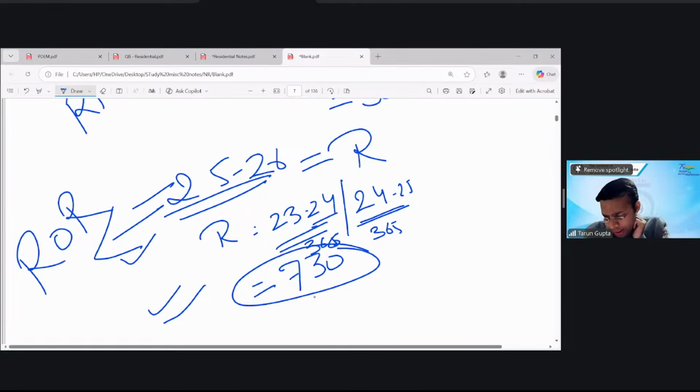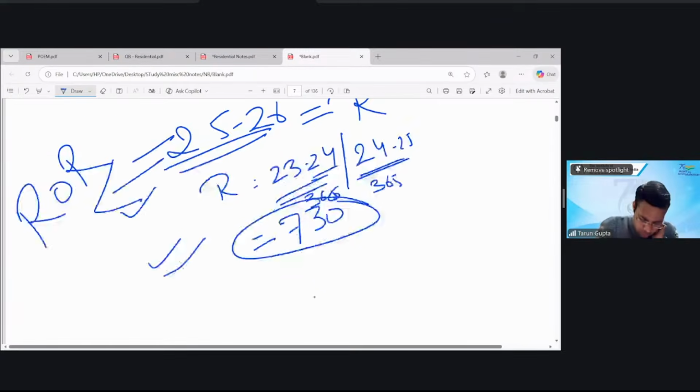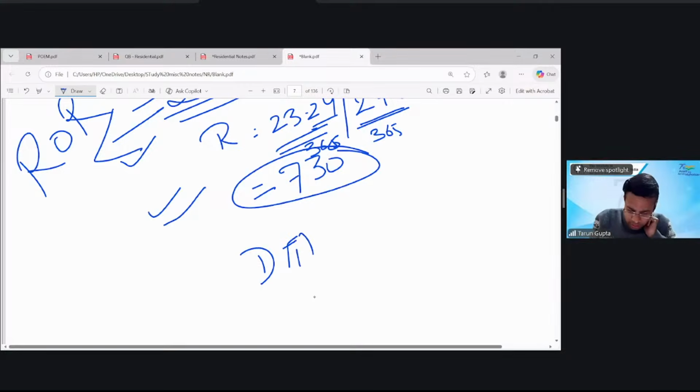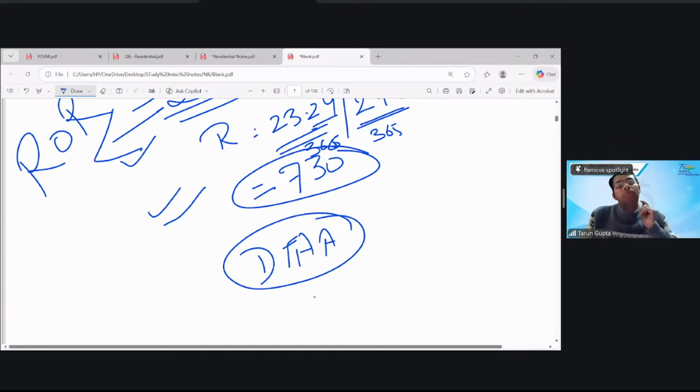But he would also get DTAA. Of course, he will get DTAA. That's Sanjay asking, he will get DTAA. But even in DTAA, you have to pay the maximum tax. What a DTAA does is, DTAA is the double taxation avoidance agreement. It says the resident country will give the credit of the taxes paid outside India. But the assessee is actually required to pay the higher of the taxes.